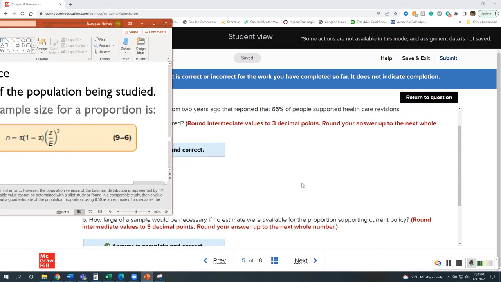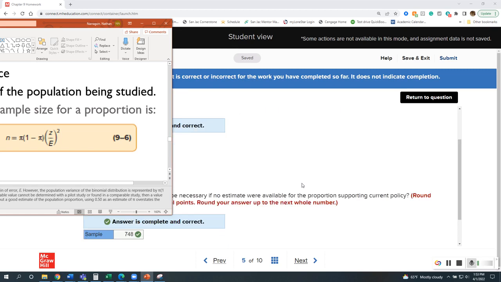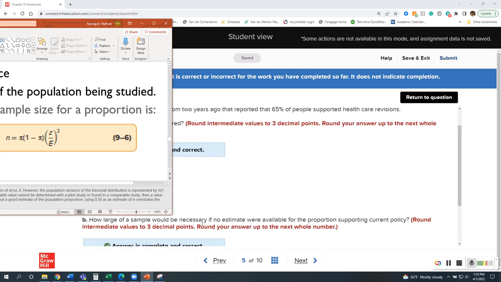That's how we got that math. Okay? And then on this one, since there's no estimate, X becomes 0.5. So really it's taking this part right here, the Z value divided by our margin of error, squared, times 0.5 times 0.5. And that's it.